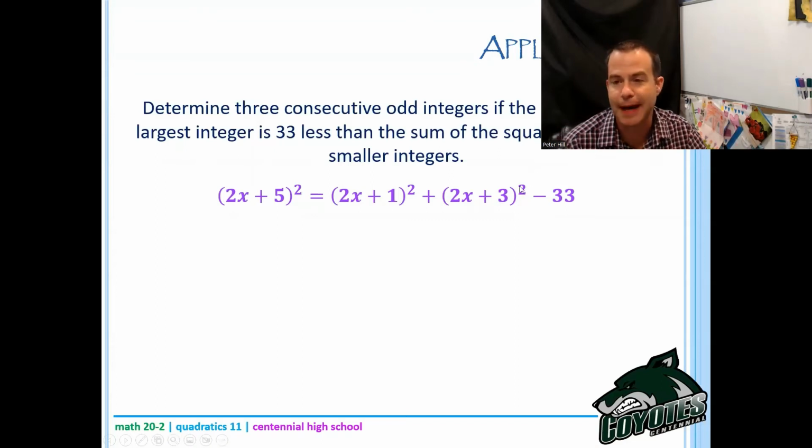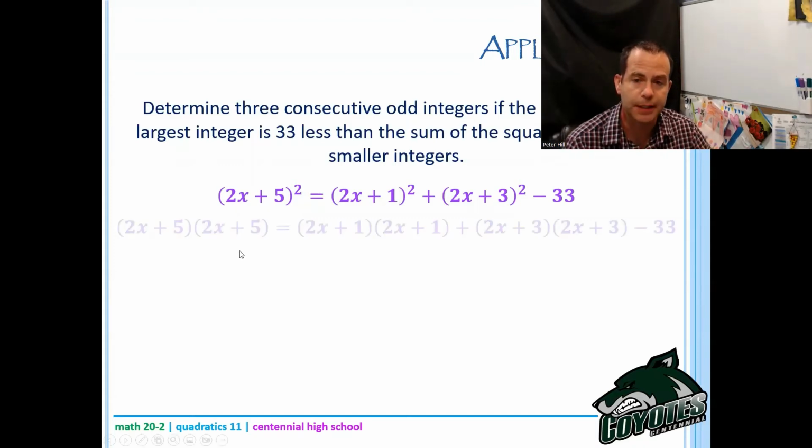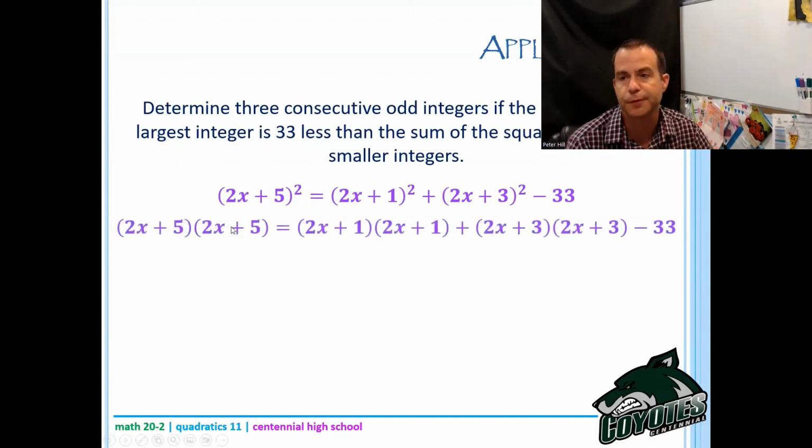Now I got a bunch of math I got to do. And again, you should always be pausing me, trying this yourself, making sure you get the same answer, okay? Remember 2x plus 5 squared means 2x plus 5 times 2x plus 5. So the first thing I've done is I've taken all those squared binomials and I've written them side by side so I can treat them as a little multiplication question.